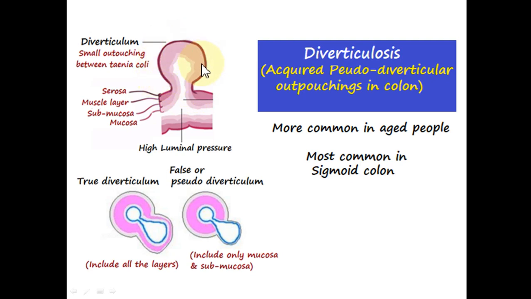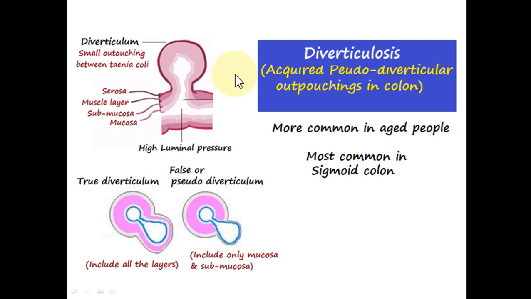But mostly the mucosa and submucosa protrude in between the tinea coli because the longitudinal muscle layer is not continuous in the large intestine, but the longitudinal muscle fibers are gathered together to form the tinea coli, which are 3 lines that run along the large intestine, and their contractions will cause haustrations in the large intestine to push the fecal matter forward towards the rectum.